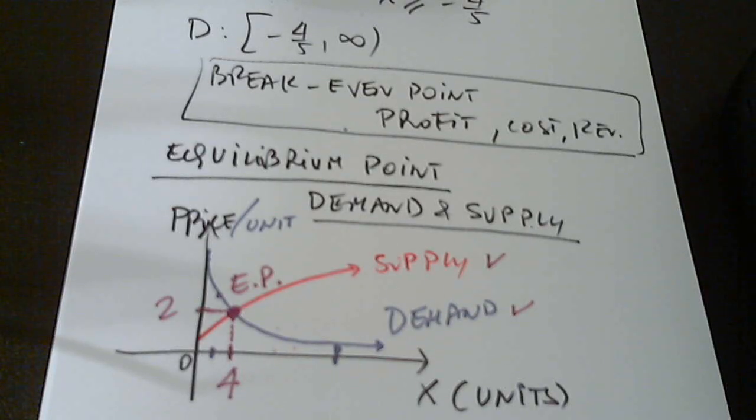So what do you think? Anyone? 78. Right. 77, 78. What type of functions are these? Linear. Yeah, well, you can see the graphs also.